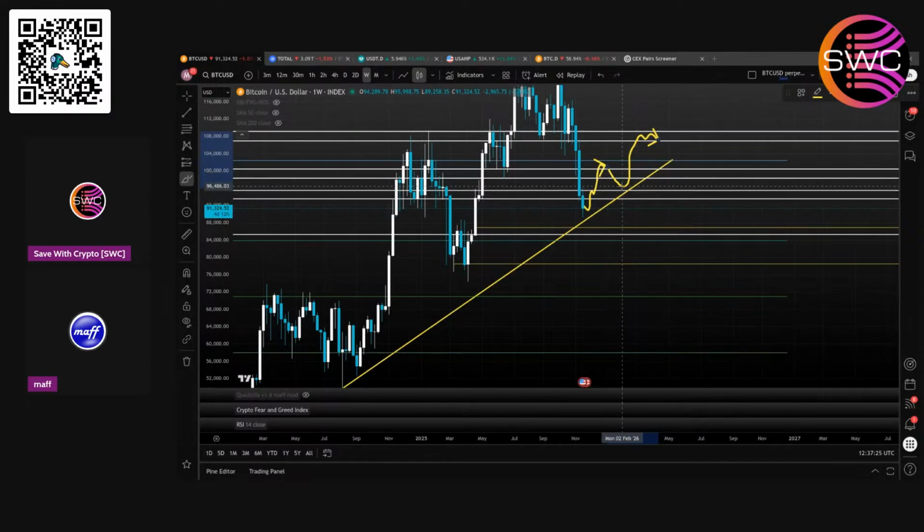But equally, a scenario could be that we just drop down to the 84, 85-ish level, in which case we might bounce off there, down to this fib level, 71-ish, then do whatever. What else have we got?